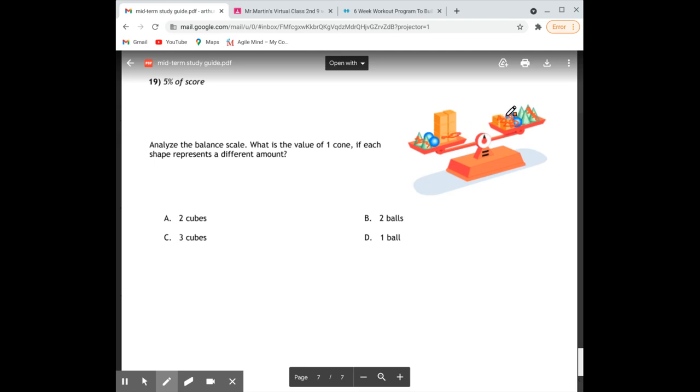I see. So you took away what you could to keep evening it out, and so you had 2 cones and 4 cubes. And then what did you do to figure out how much would be for just 1 cone? I divided the 4 by 2 because there's 2 cones. Perfect. And so 1 cone is equal to how many cubes? 2.